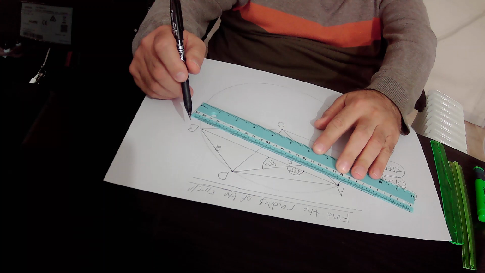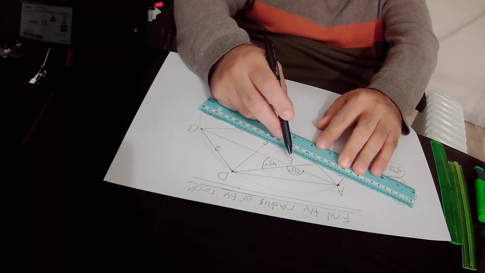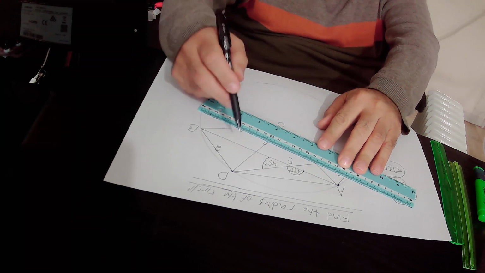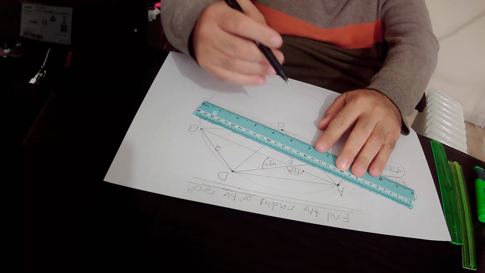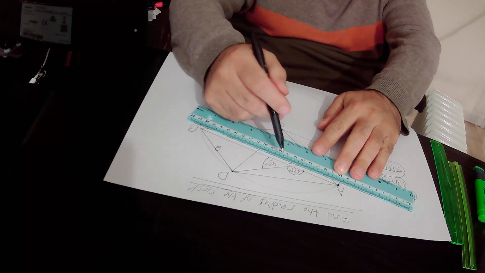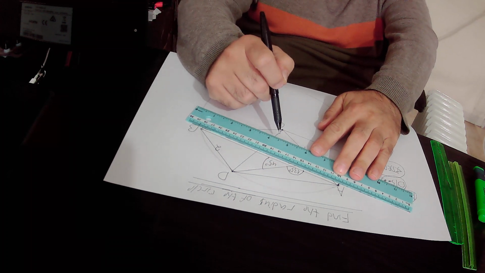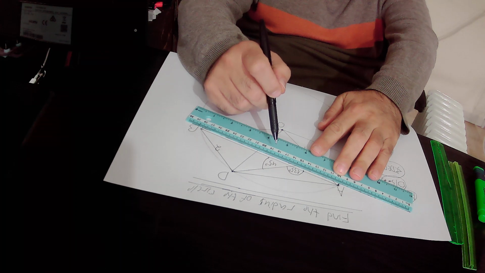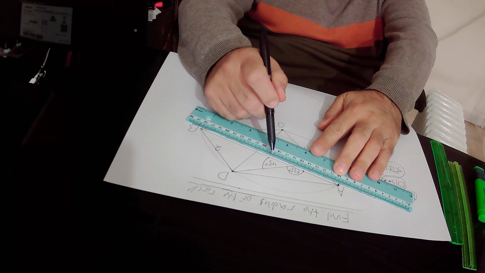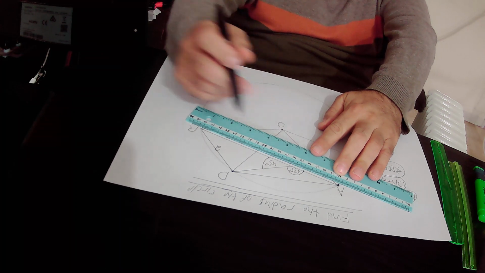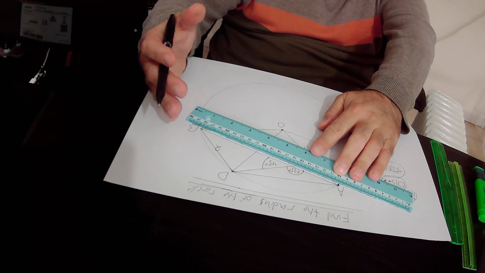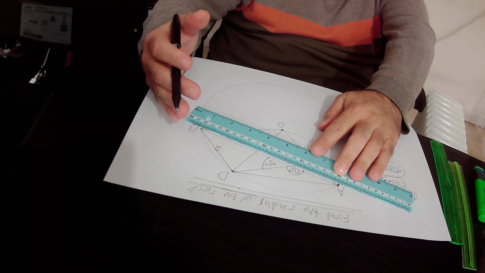So if we focus on point E on the straight line AB, at the upper side, the sum of the angles must be equal to 180 degrees. So 45 degrees plus 135 degrees equals 180 degrees, exactly according to the rule that I mentioned.